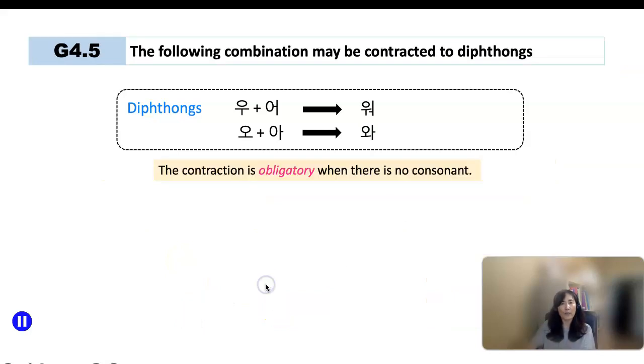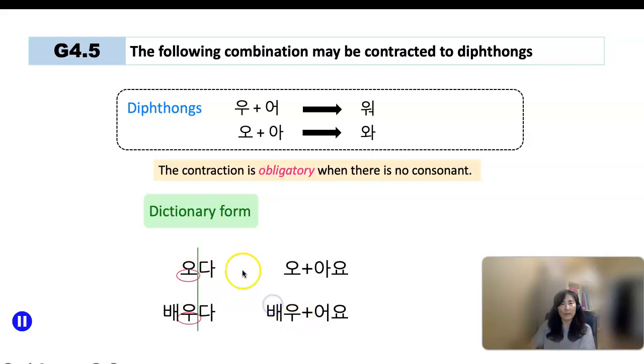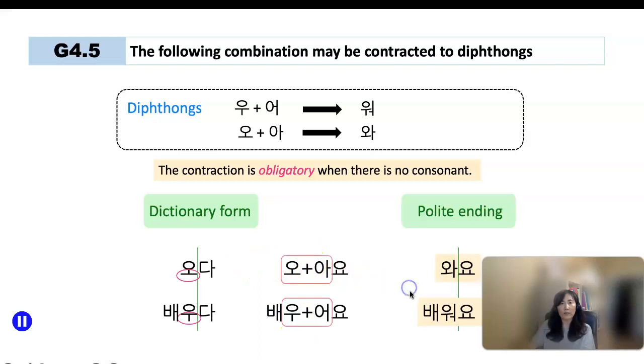However, the following one is different. Notice that the stems end with o and u, but they don't have any consonant before. In that case, because it's a bright vowel combined with a bright vowel, contraction happens, 와요. And 배우다, because this is a dark vowel, becomes 배워요.